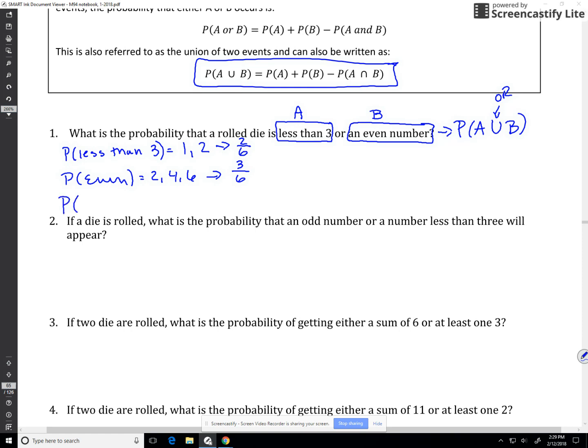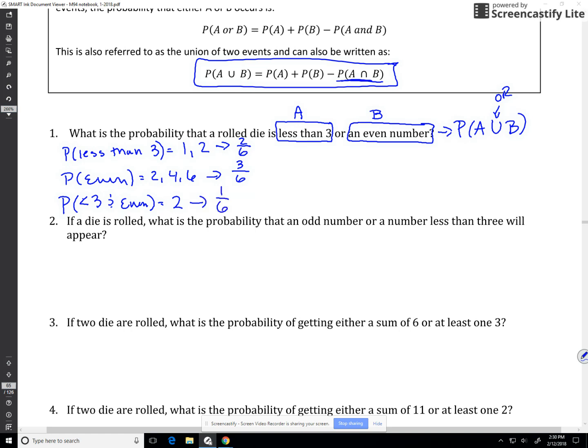And then finally, we have the probability of the and, this part. In this situation, it means that our number is less than 3 and it's an even number. So there's only one number that is less than 3 and even, and that's the number 2. And so that's going to give us a probability of 1/6.